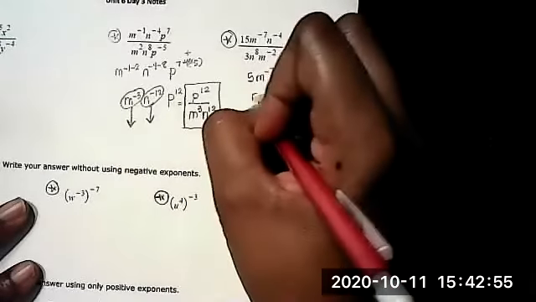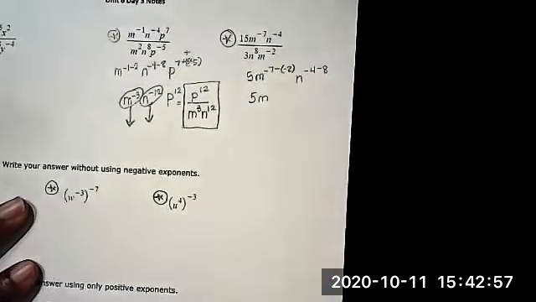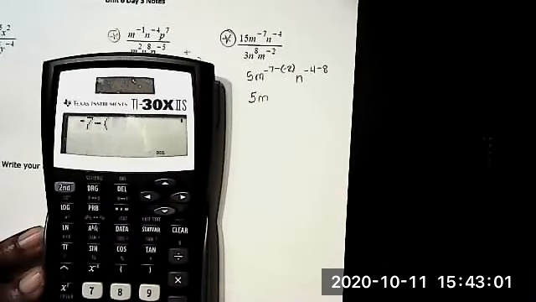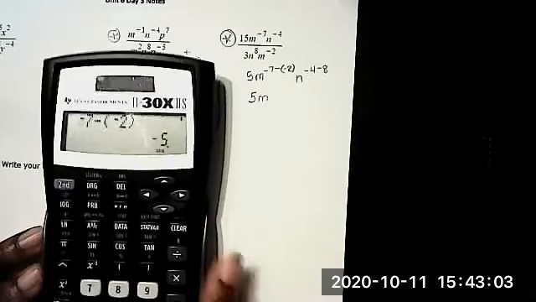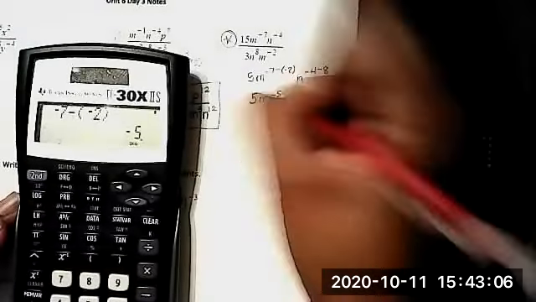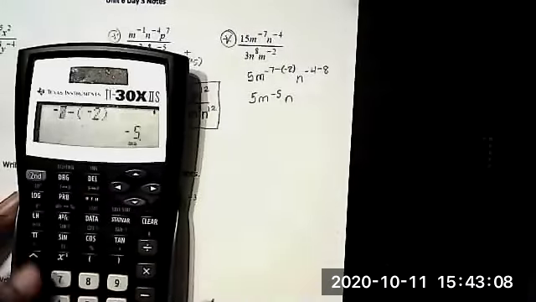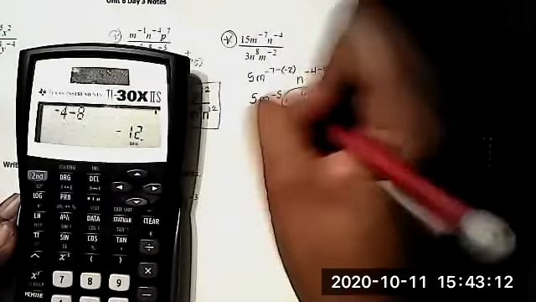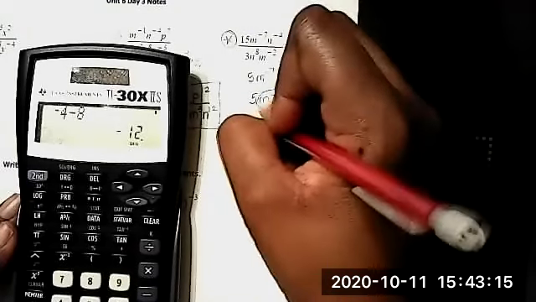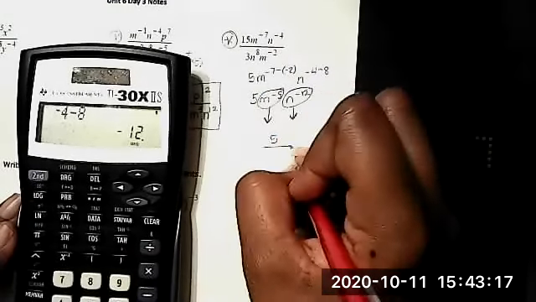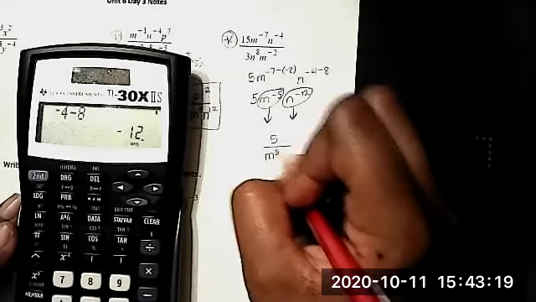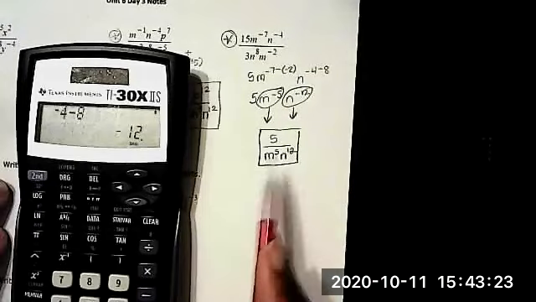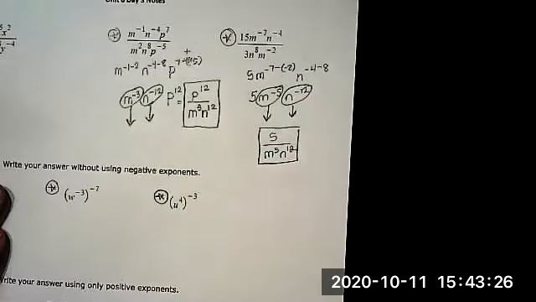If you don't really feel comfortable doing it in your head, just put it in your calculator, okay? -7 minus -2, -5, M to the -5, N to the -4 minus 8, that becomes -12, I believe. Yep, -12. Negative exponents go to the bottom, okay? So this becomes 5 over M to the +5, N to the +12 once it goes down. Okay, they become positive once they move to the bottom, the exponents.